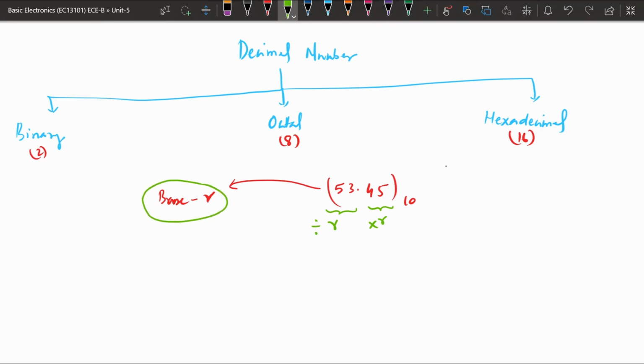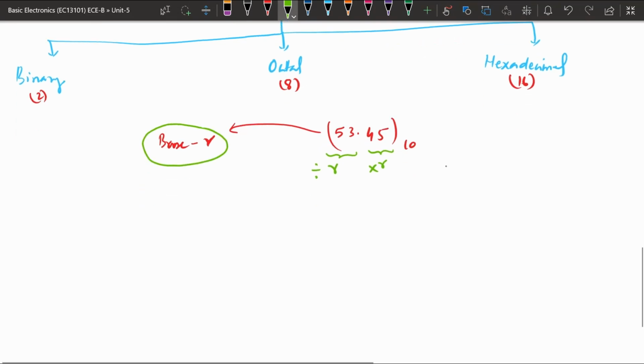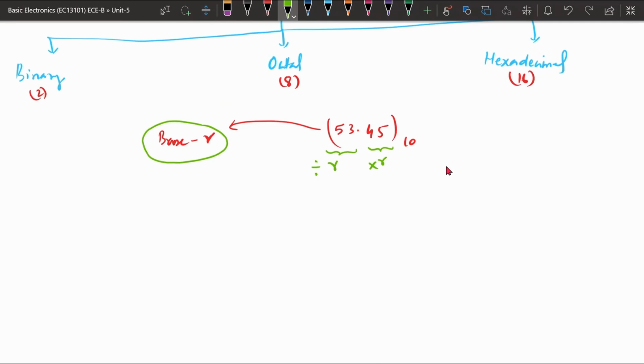Similarly, we can proceed further. If we want to convert a decimal number into binary, which has base 2, suppose for example we take 19.125, a decimal number with base 10. We need to convert it into base 2.